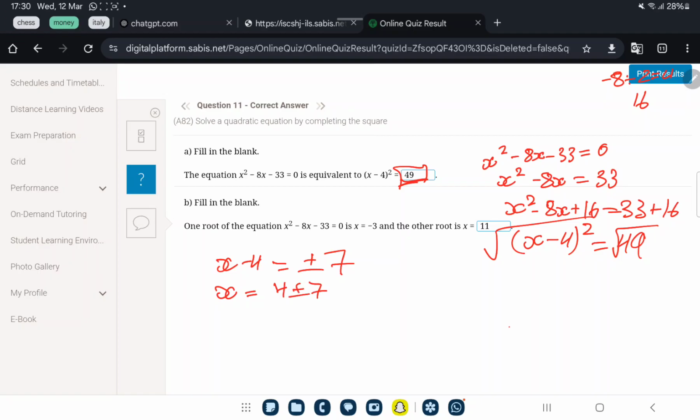We do plus first. It doesn't matter the order, just do anything first. X equals 4 plus 7 equals 11. And the other root, x equals 4 minus 7 equals minus 3. So the roots are minus 3 and 11. They gave us minus 3, so they want 11.